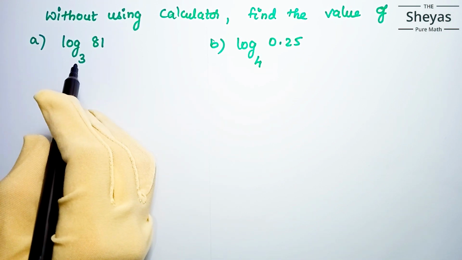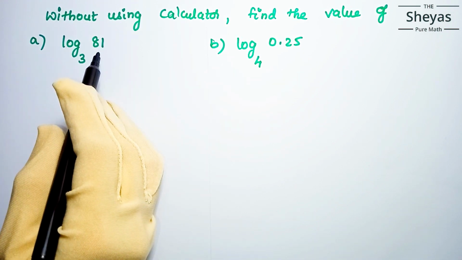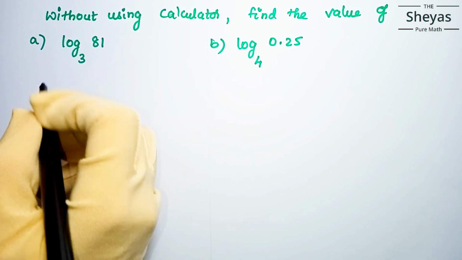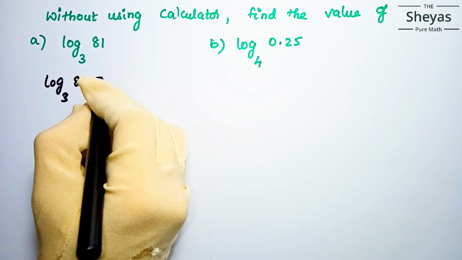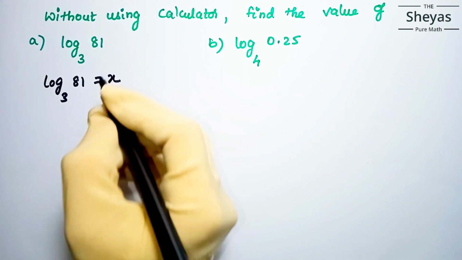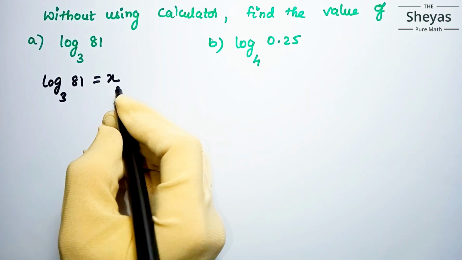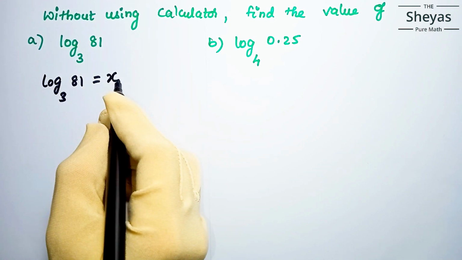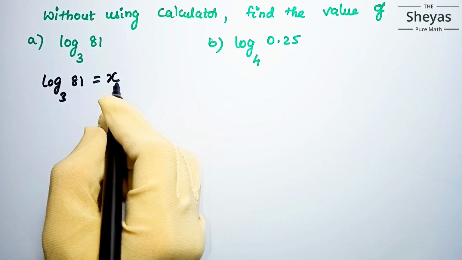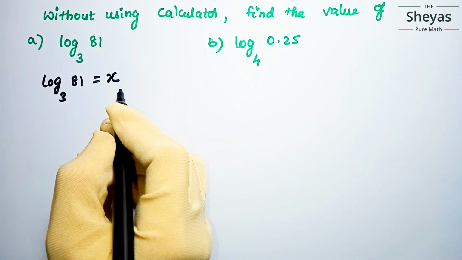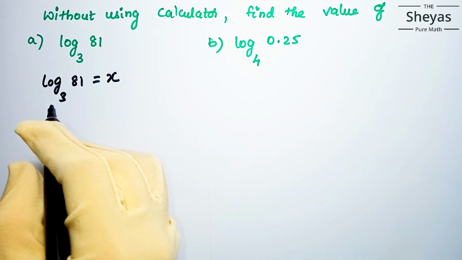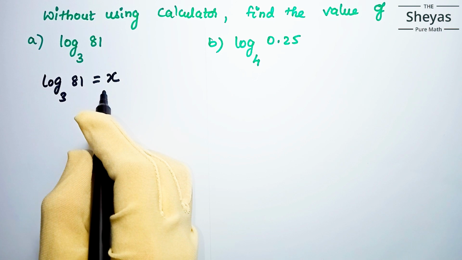So here it is log to the base 3 of 81. Now I don't know the value of this, so I am keeping it as x. I am equating it to x, which is an unknown value that we are going to find. Now, this is in logarithmic form.